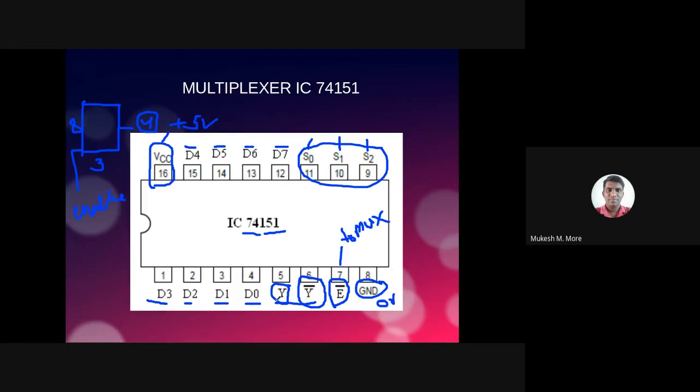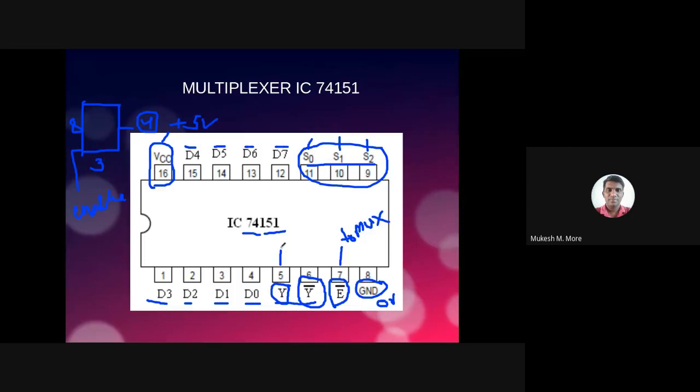D0 to D7 are the data input lines. S0 to S2 are the select input lines. E bar is the enable input. Then ground and VCC.